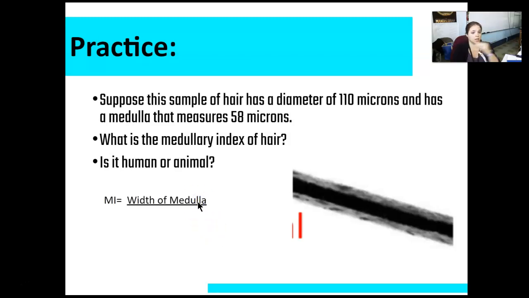So this is the first thing, and then we got to figure out, is it human or animal? So the width of the medulla, which is right here, 58, over the diameter. So I'm going to plug the numbers in. And then I'm going to use my calculator, and we're going to calculate it out. You should get 0.53. And if you remember, human or animal, human is 0.33 or less. So this is probably an animal.